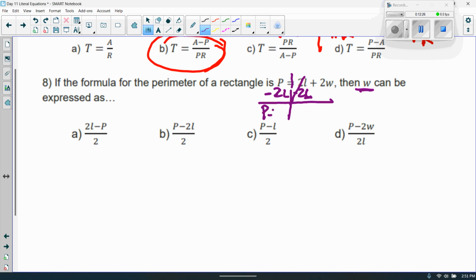And now you have P minus 2L is equal to 2W. Okay, I'm going to rewrite it down here since I ran out of space. Oh my goodness, my handwriting is getting worse. Equals 2W. Okay, now that there's nothing else to do but go after the 2W, now we're going to divide by 2 because we only want part of it.